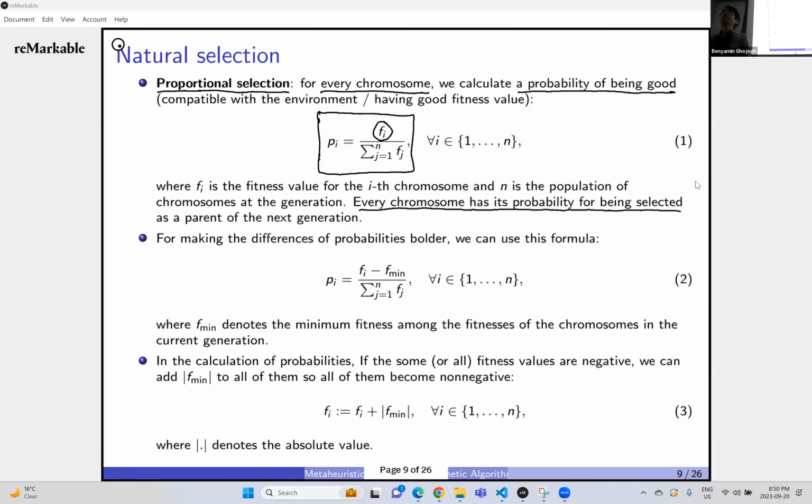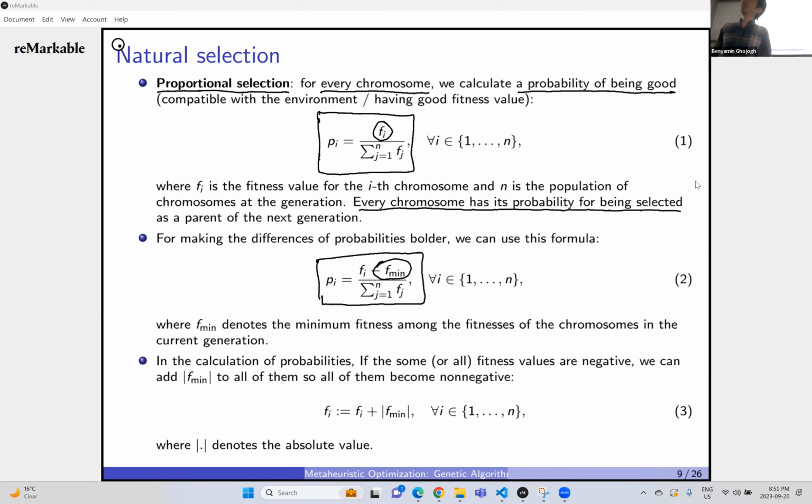By the way, one might say, I don't want to use equation 1. Rather, I want you to use equation 2. So the difference is minus F min in the numerator. What does it do? We take the minimum fitness and subtract it from the fitness in the numerator. Why would we do that?